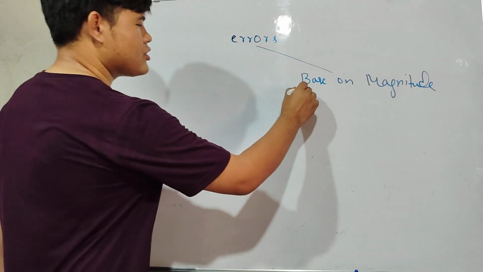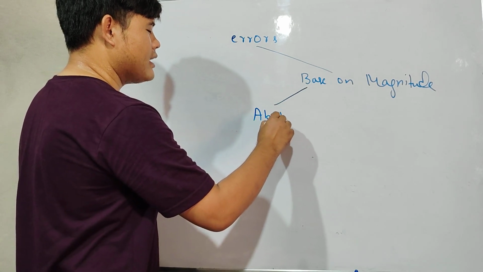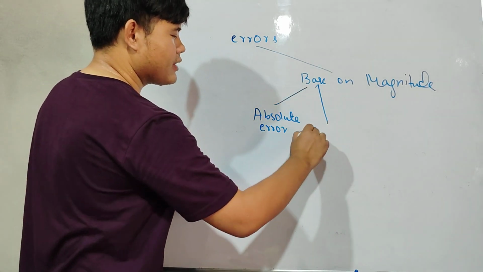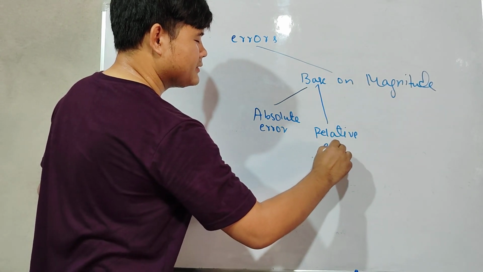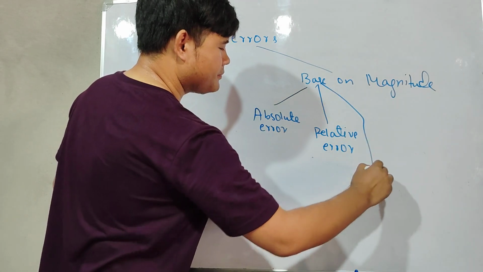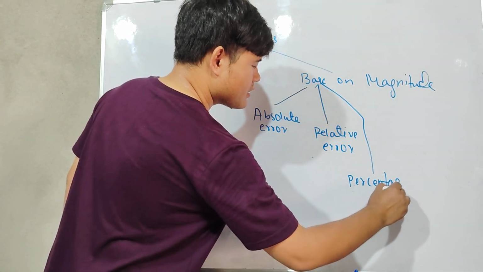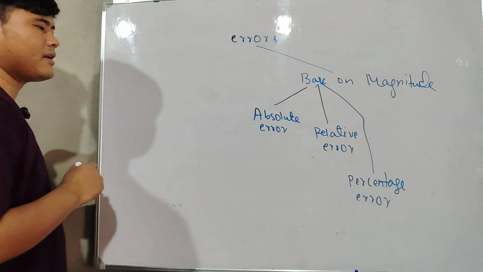The three types are absolute error, which we will learn, then relative error, and then another one, the percentage error. Let's understand it one by one.